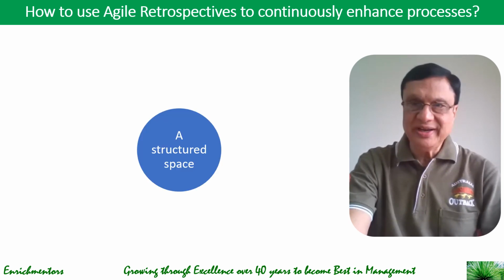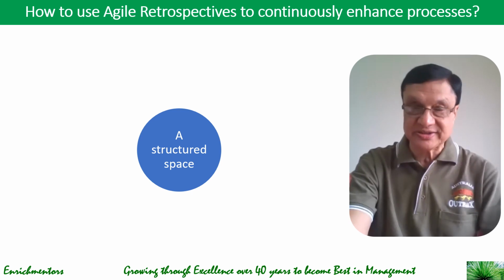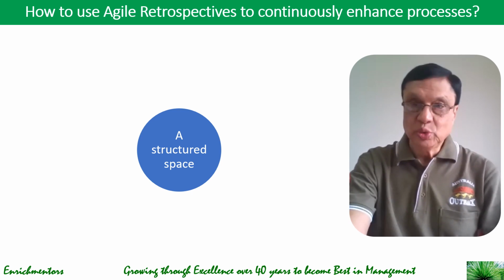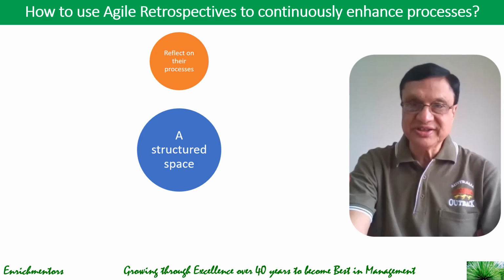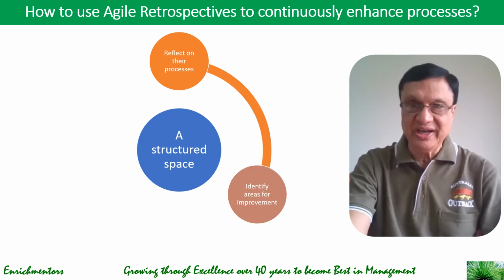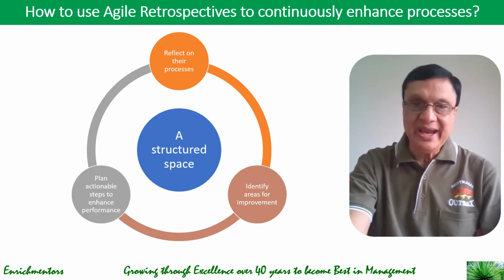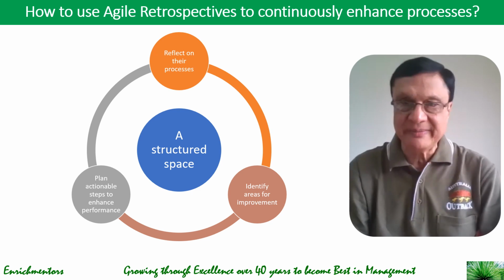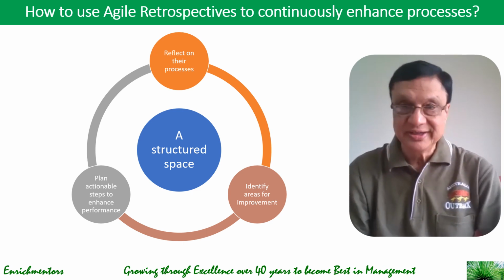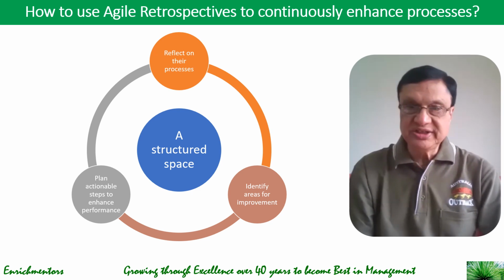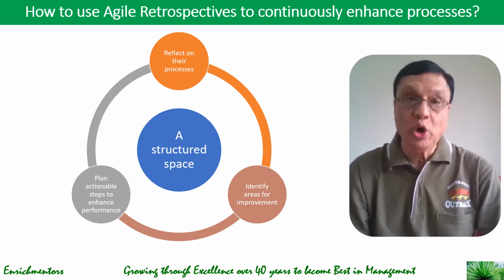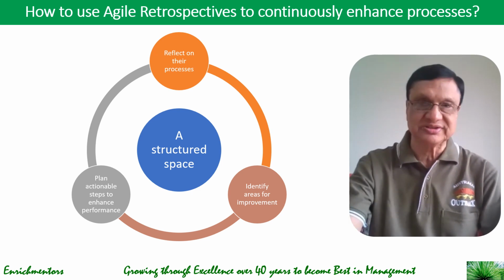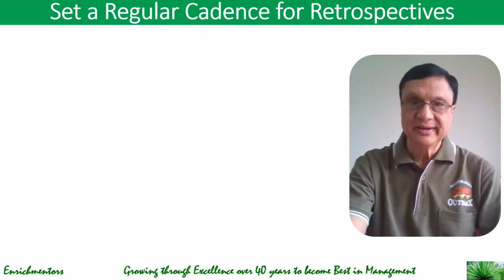They provide the teams with a structured time and space to reflect on their processes, identify areas of improvement, and plan actionable steps to enhance performance. Now, how can you use these Agile retrospectives to continuously enhance HR or even organizational processes? Let's take a look at that.